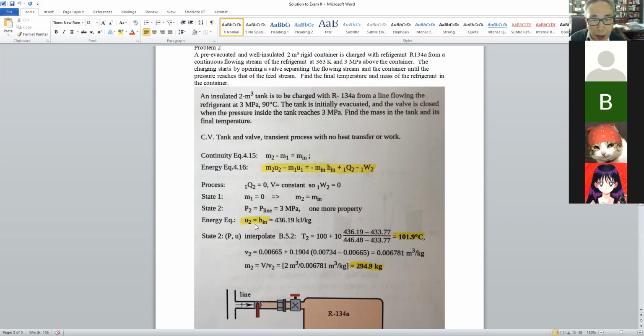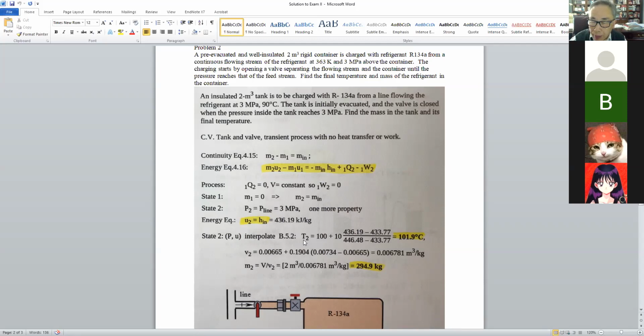Because we know the initial state, the incoming fluid's enthalpy can be found from the table. So U2 for the filled tank is known. So at the ending state, we know two properties: pressure is given, U2 is given. So from there, we can find T2.